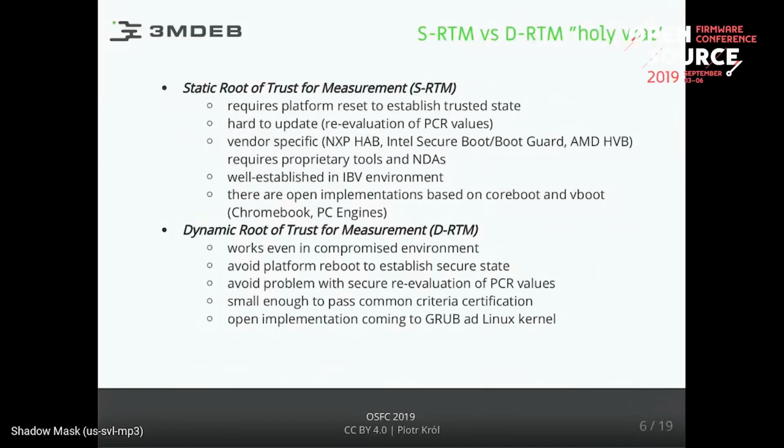Typically DRTM should be associated with remote attestation, so some remote server should tell us whether the measurements are correct or incorrect. And it is very small: the secure loader used during the execution in the case of AMD is 64K, so it is possible to get through some certification. And with TrenchBoot, we have an open implementation for that. So why not use that?